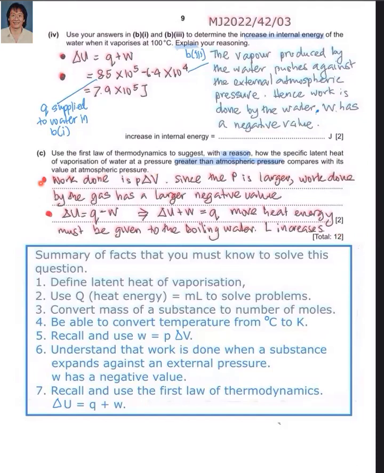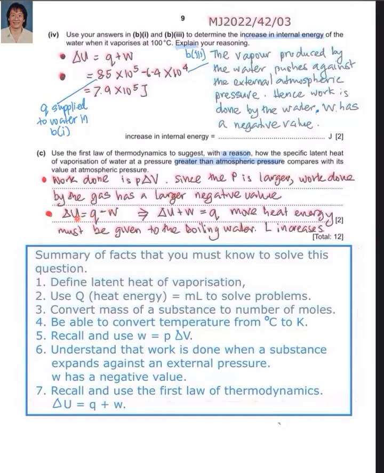In order to get the 2 marks, first you must know that the work done by the water vapor as it expands is equal to P times delta V. Since the atmospheric pressure is larger, work done by the gas has a larger negative value. This will carry 1 mark. Then you must use the first law of thermodynamics. Your W is negative because work is done by the gas.